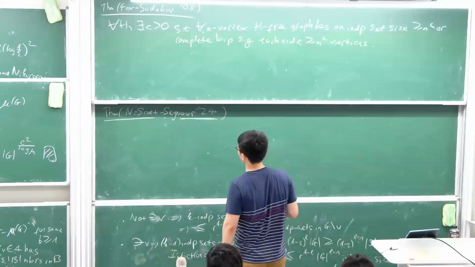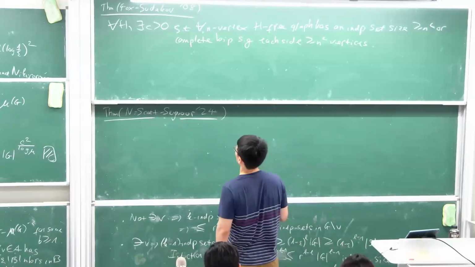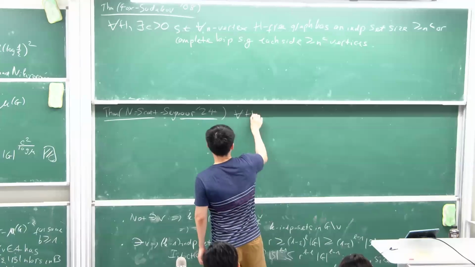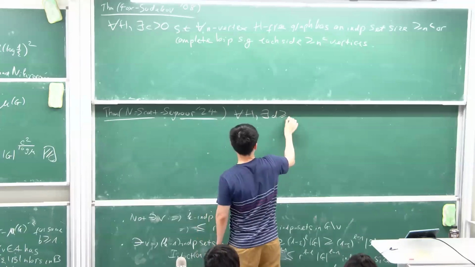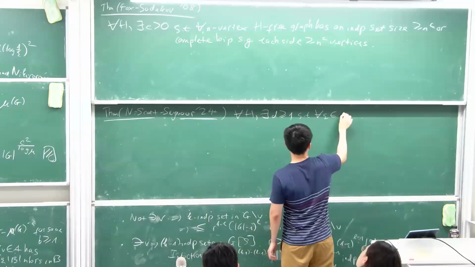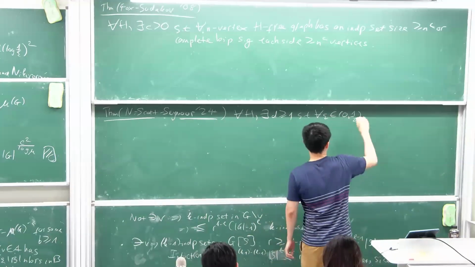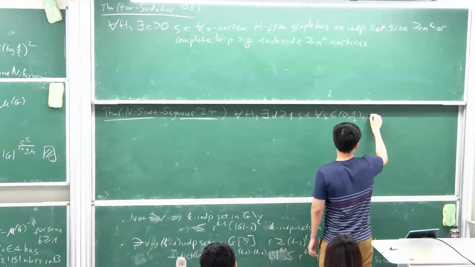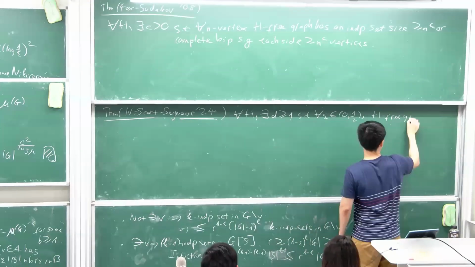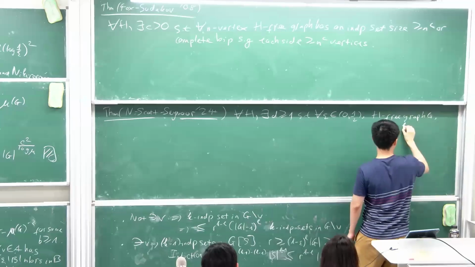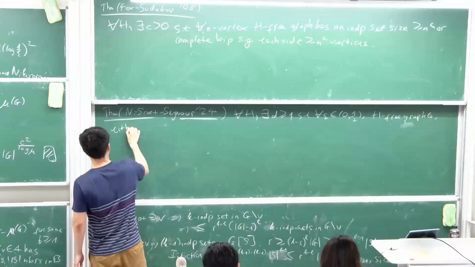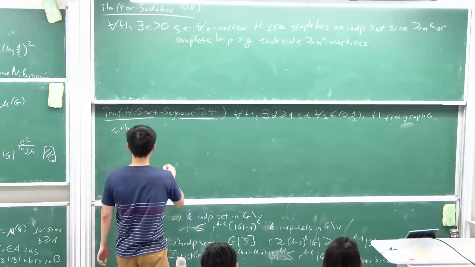And now we go to the density setting, and I would like to say this is the density version of the Fox-Sudakov theorem. So for H, again, D is supposed to be large, and such that for every epsilon from 0 to 1/2, and every H-free graph G, we roughly have two cases.